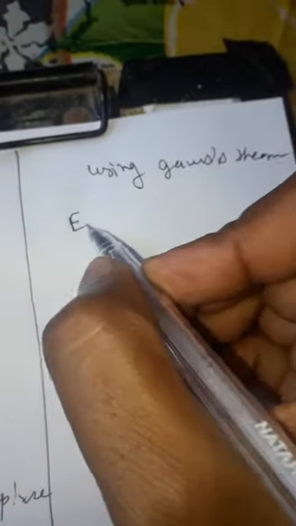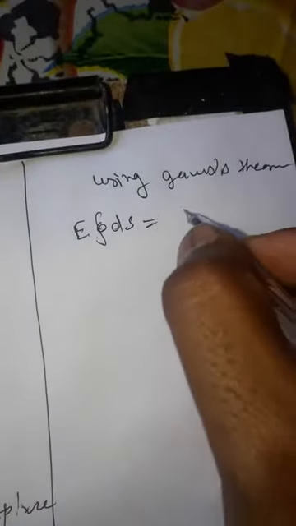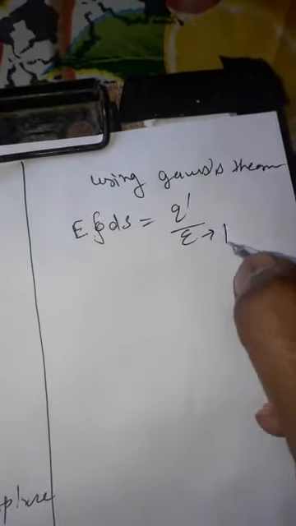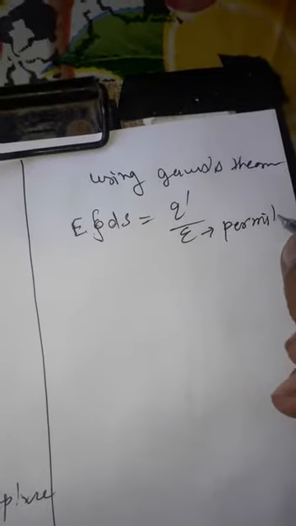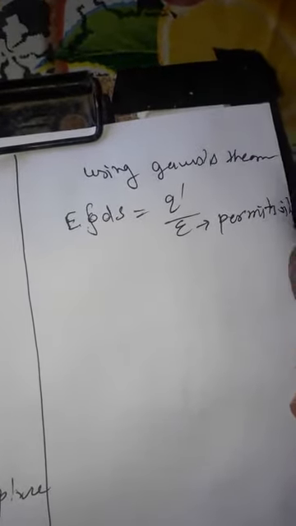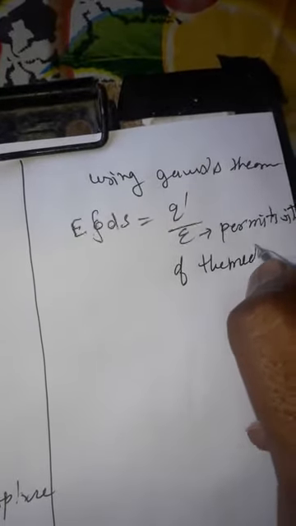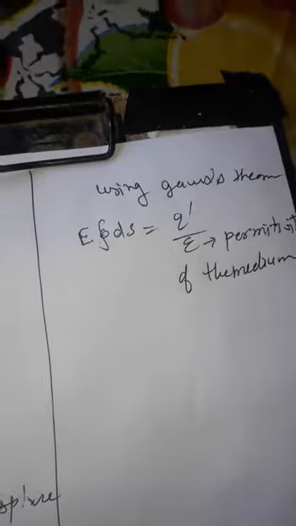Now, using Gauss theorem, the surface integral of E dot ds must be equal to q dash upon epsilon, where epsilon is the permittivity of the medium of the sphere.